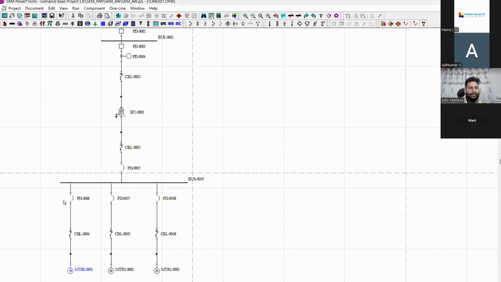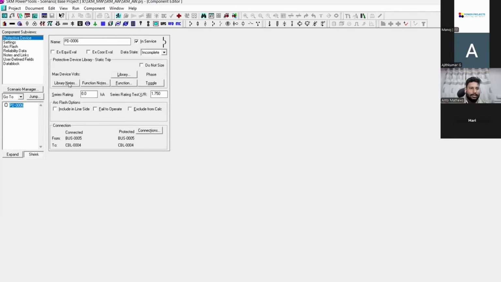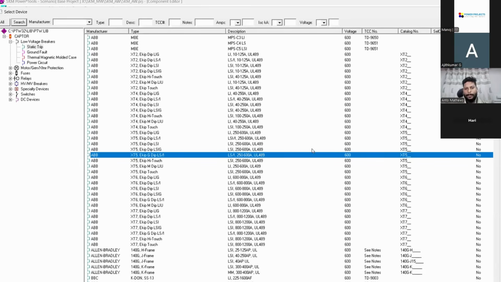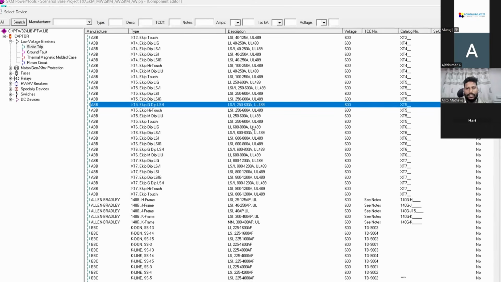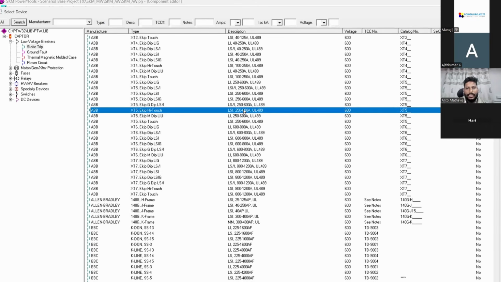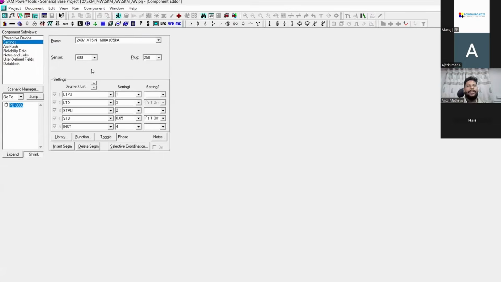I can go to the library and choose the LSIG in ABB. I can double click, and the data will appear, and then it will ask me for the settings.